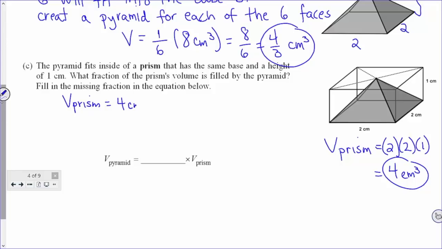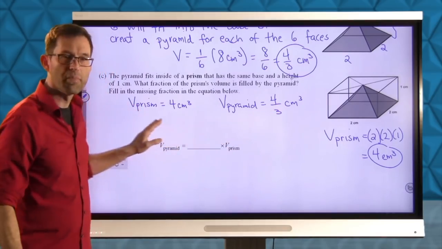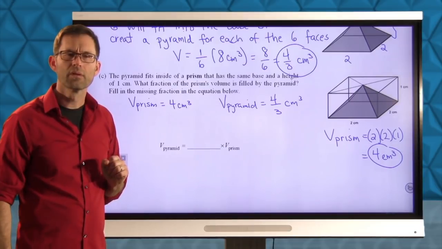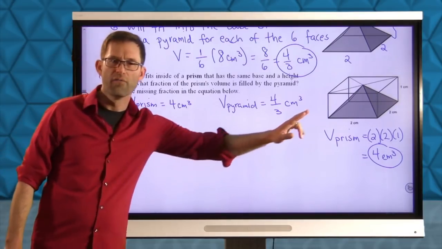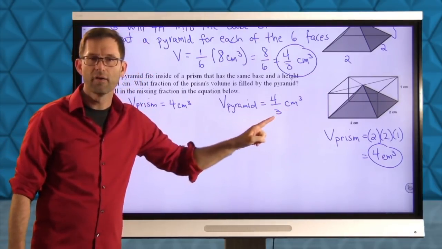The volume of the pyramid is 4/3 cubic centimeters. So what is this compared to this? What fraction of this thing is occupied by the pyramid?